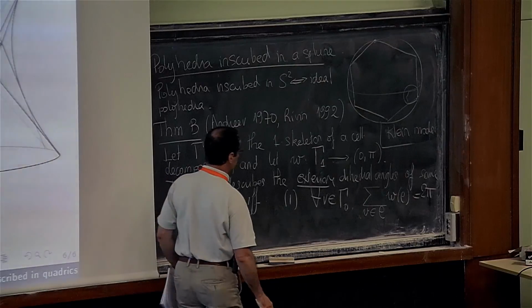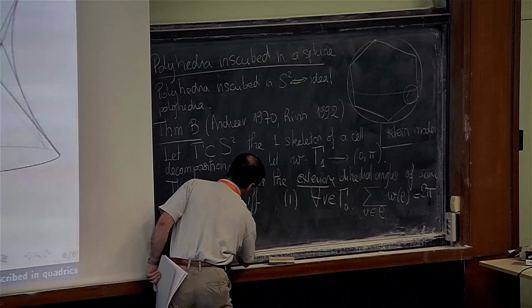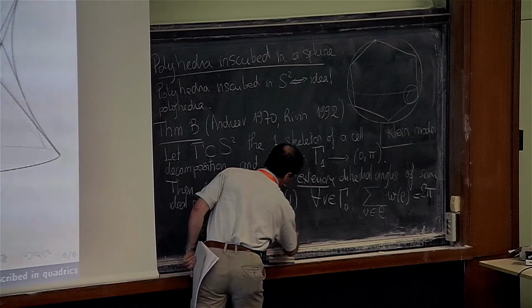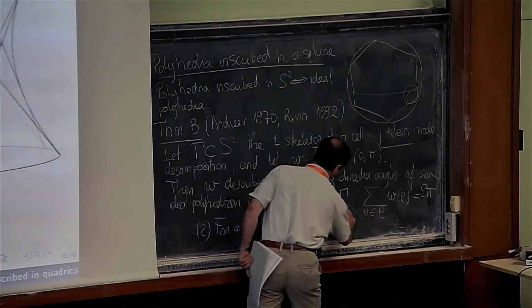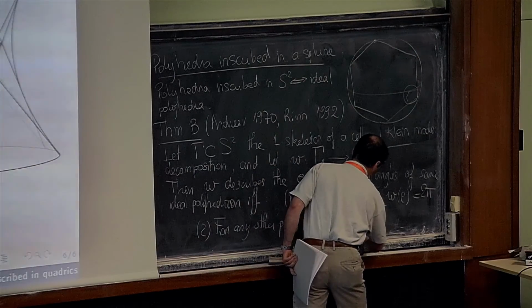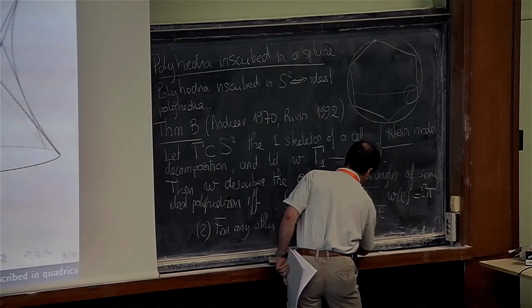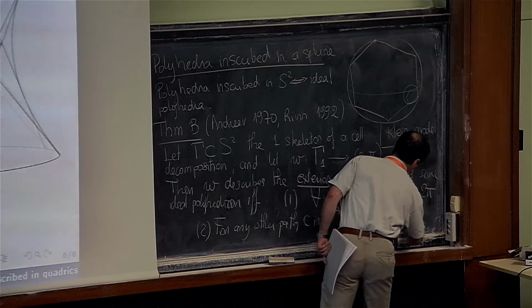But there is another condition which is a little bit less obvious, which is that for any other path C in gamma star, I'm going to explain what this means, the sum over e in C of w of e is bigger than 2 pi.